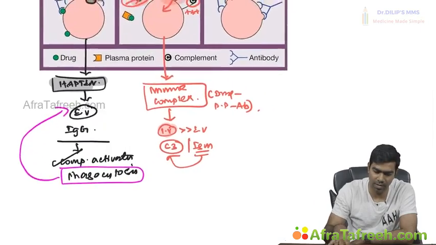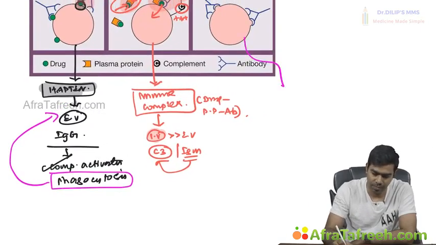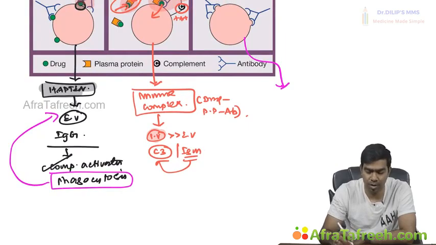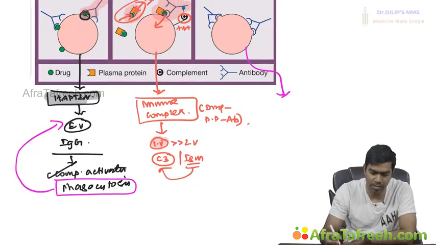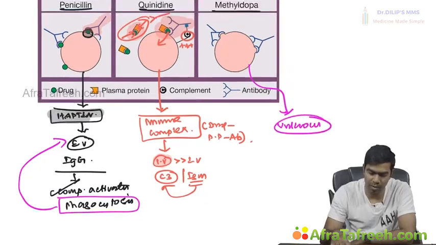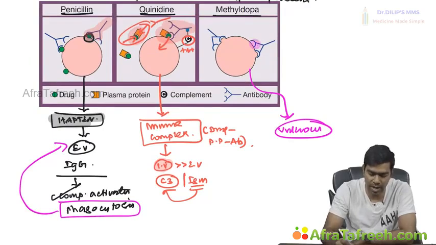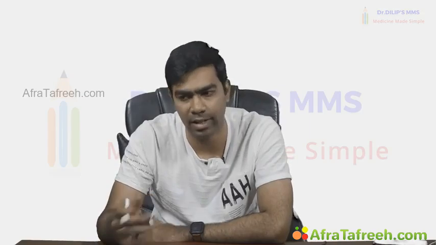And the third one you have is something called the unknown mechanism. Typically we don't know the mechanism. Here the problem is thought to be due to an unknown reason. The antibody is directly directed against the RBC due to some unknown components. We don't know what the components are, but some antibodies are directed against the RBC itself.